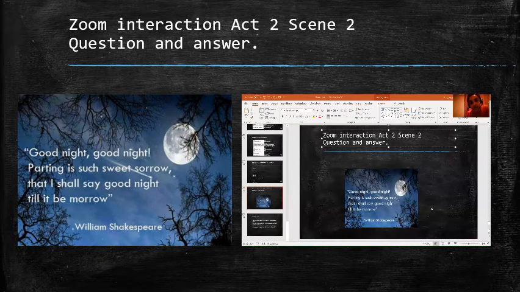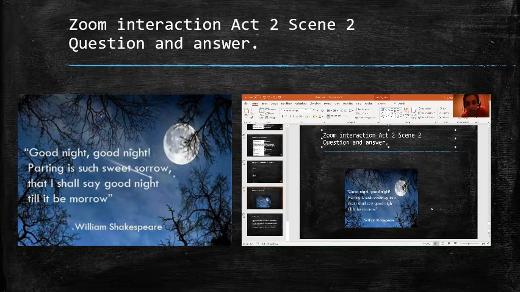So, this is a quote from Act 2, Scene 2, where Juliet says, "Good night, parting is such sweet sorrow, that I shall say good night till it be morrow." Let's see if we can work on the meaning of the quote together. So firstly, let's figure out what words we actually do understand.